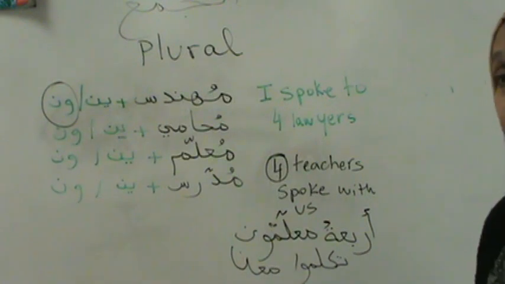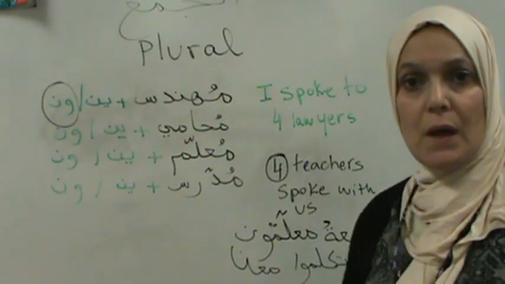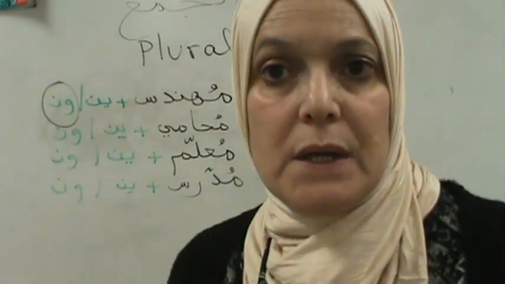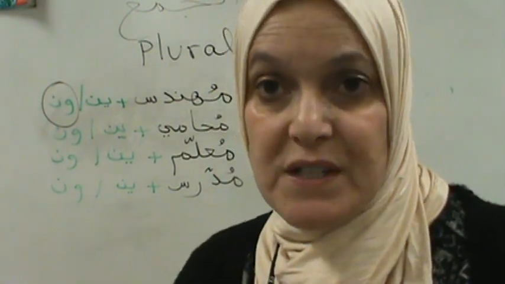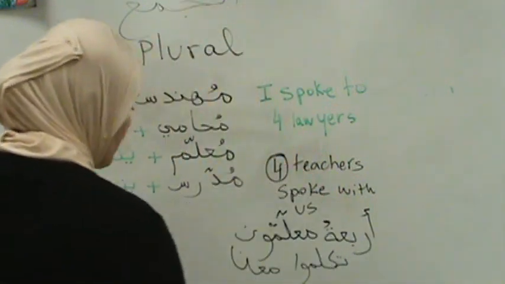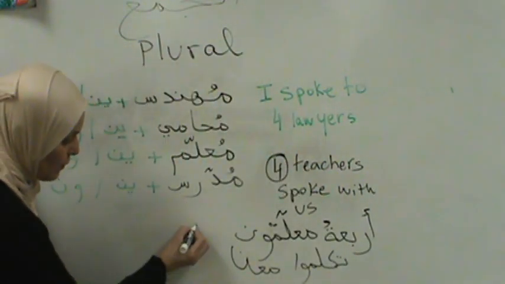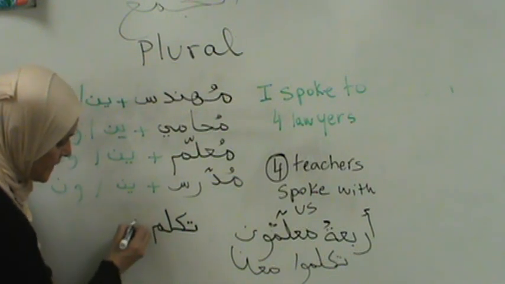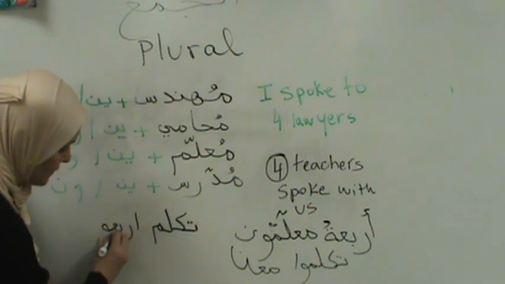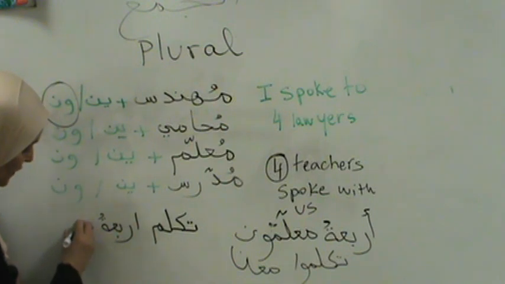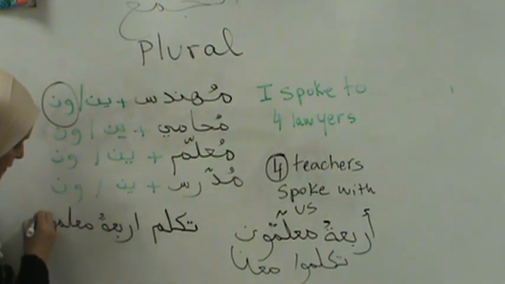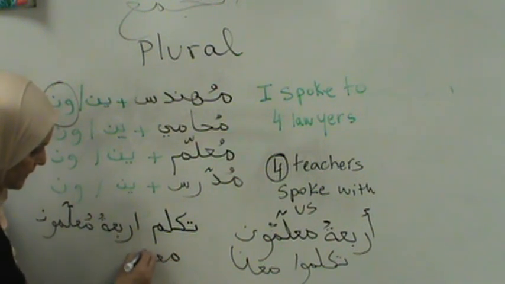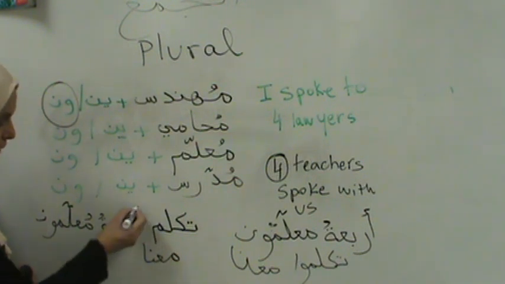Or if I want to reword it, in Arabic speech we start with the verb. But the verb, remember, when we are talking about the plural, we always go with he, the singular. تكلم 4 معلمون معنا. وتكلم معنا 4 معلمون.